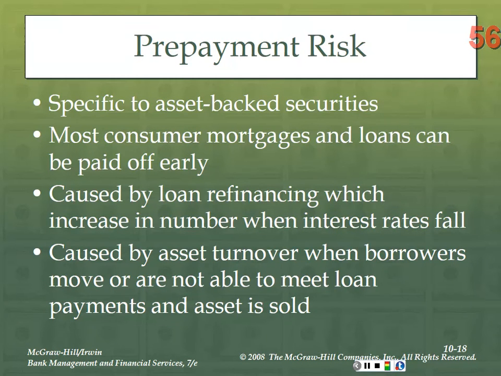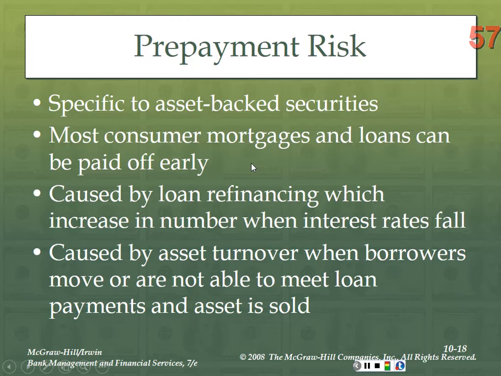Okay, prepayment risk. It says this is specific to asset-backed securities. Now, we discussed this again back in chapter 9 a little bit, and in the handout it discusses this a little bit. Second bullet point here, most consumer mortgages and loans can be paid off early.